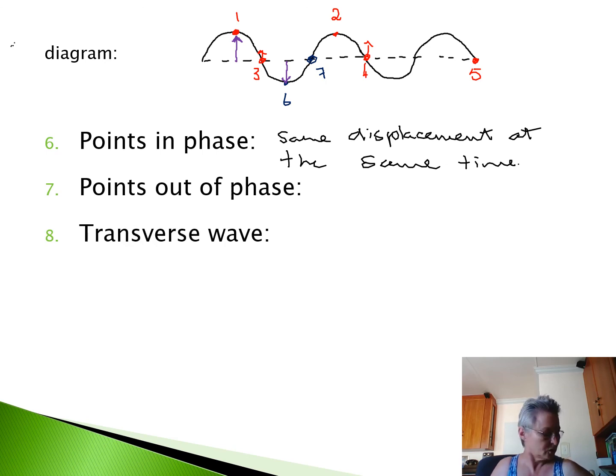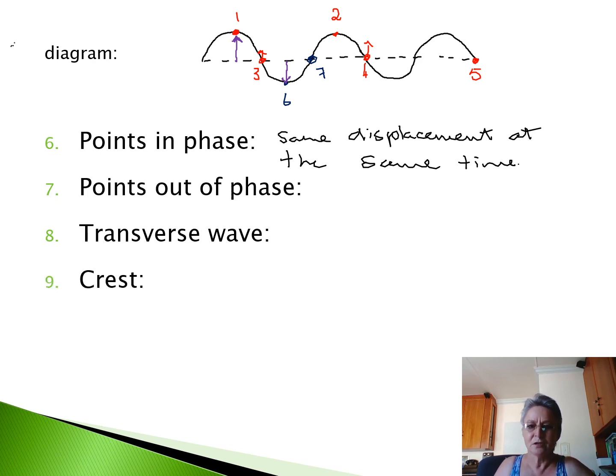A transverse wave, you know what a transverse wave is. In a diagram we have described a transverse wave where the particles of the medium are disturbed at 90 degrees to the direction of propagation of the wave.